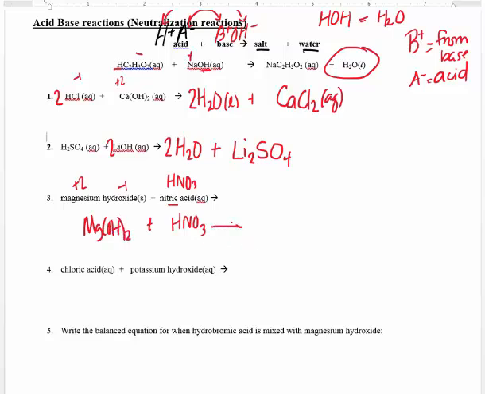So we have an acid plus a base. So we know we're always going to get water. And in this case, my salt is going to be magnesium nitrate. So magnesium is a +2, nitrate is a -1. Remember, you have your periodic table, you have your resources, and then you make sure the equation's balanced.